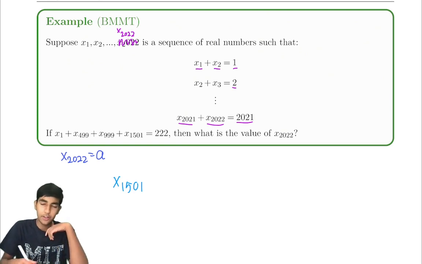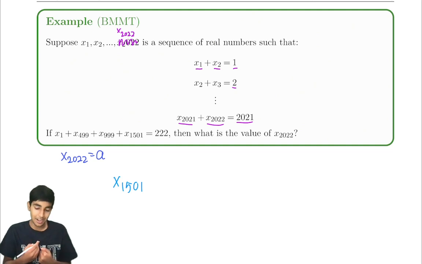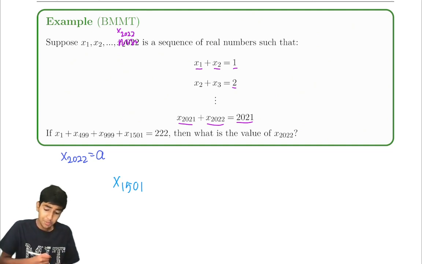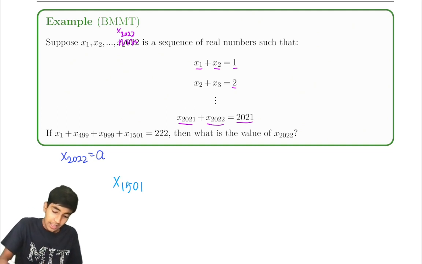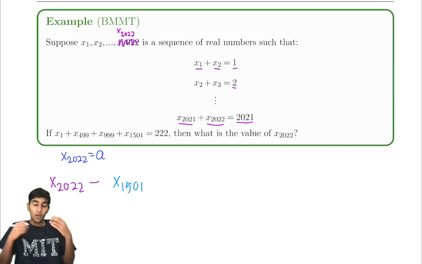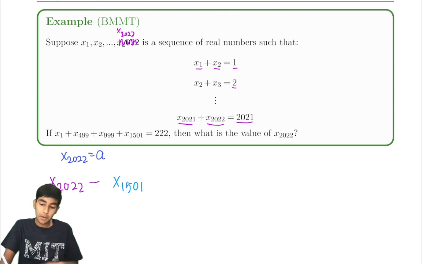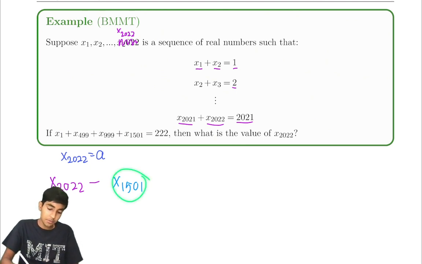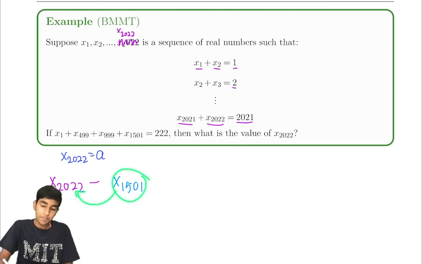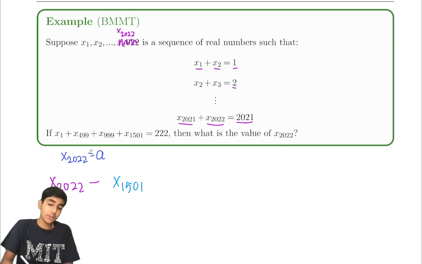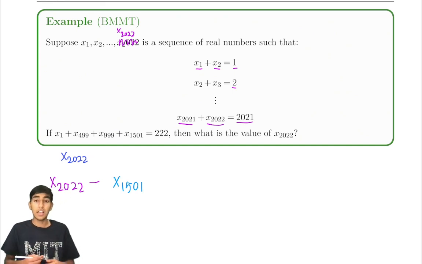We have these equations, so we probably should be using them, right? So to express this, if we can find x of 2022 minus x of 1501, then we would have a way to express this in terms of x of 2022. And now that I think about it, it may just be easier to let it be x of 2022 instead of a, but it doesn't really matter. Either will work just fine.